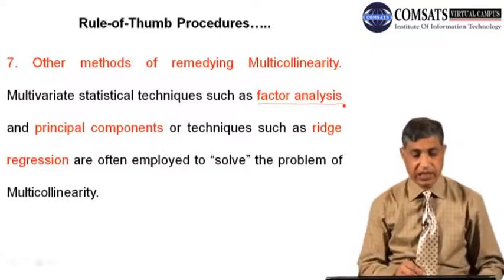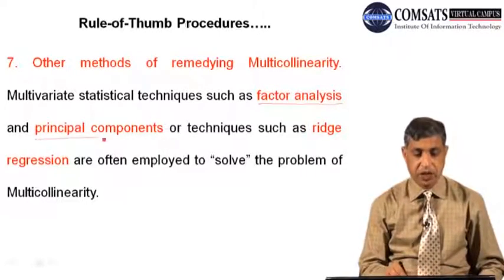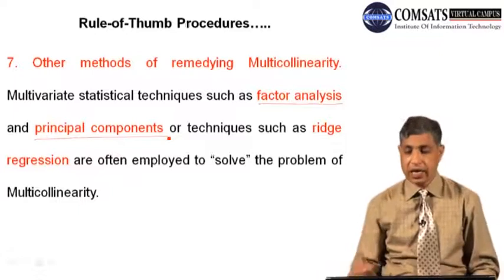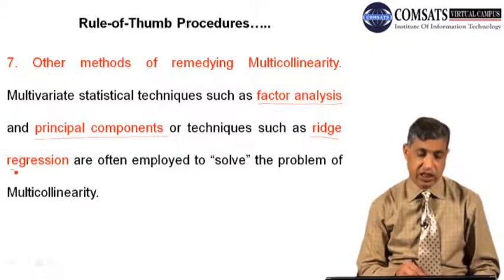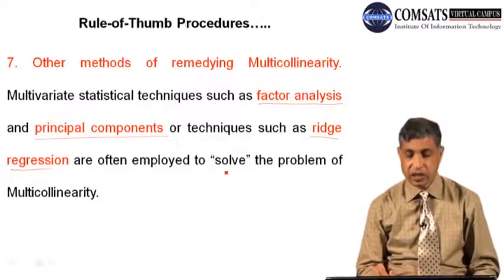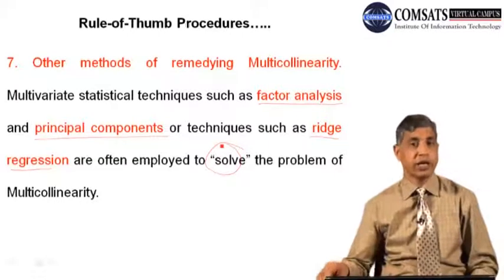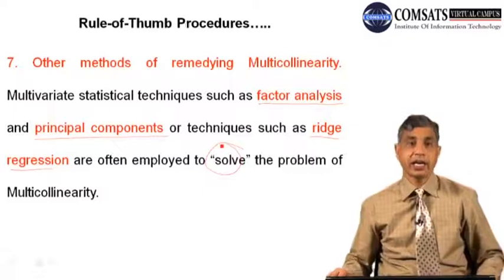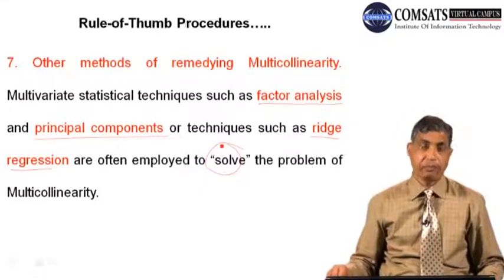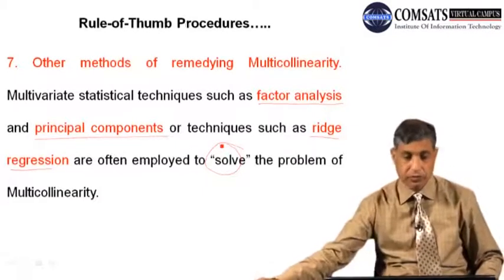The other is the principal component technique, and there is also a technique called ridge regression. These are often employed to solve the problem of multicollinearity. So we studied the 7 methods that can reduce the problem of multicollinearity.